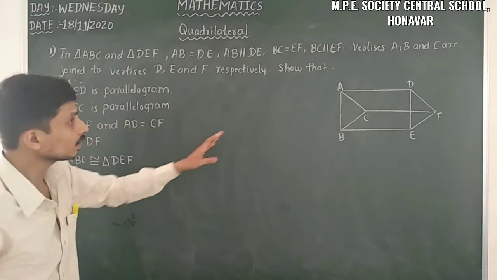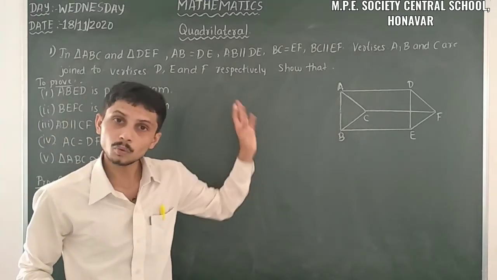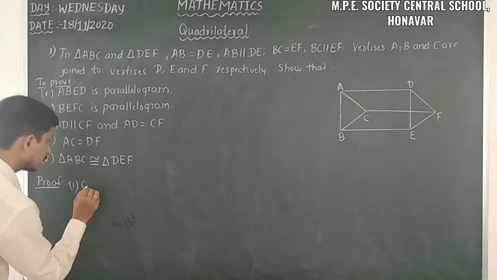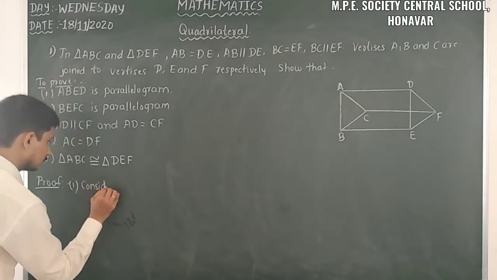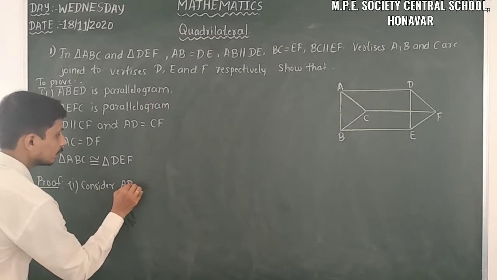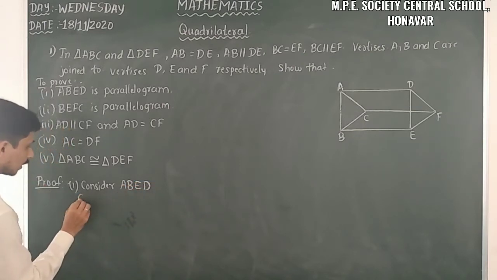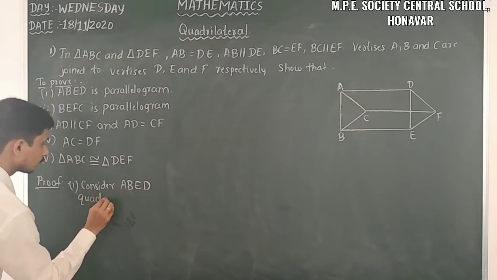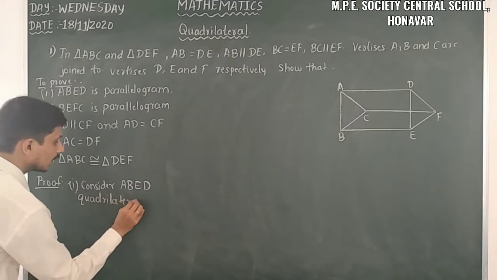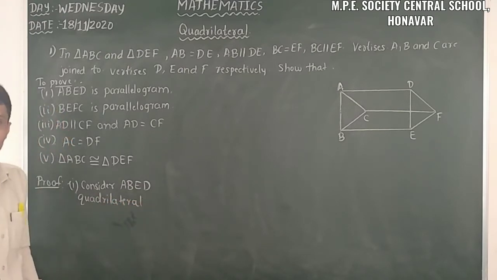So consider quadrilateral ABED. In that, what are the equalities we have?